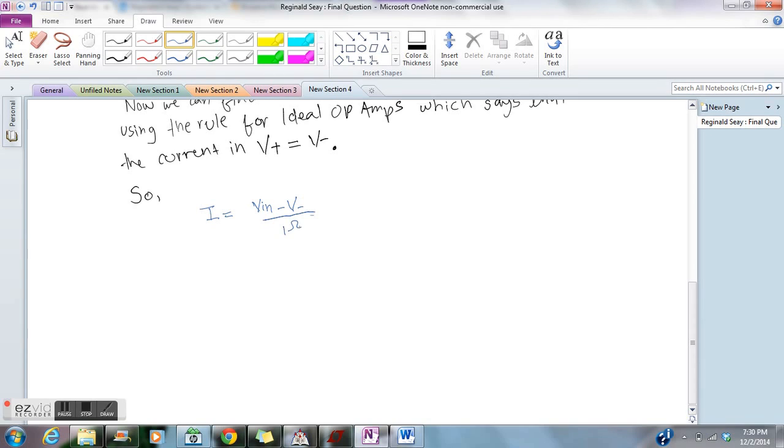V minus is the negative input of the op amp, and V in is the voltage of the source in our circuit. That is equal to 1 minus S over S plus 1 times V in. With a little more manipulation, I is equal to 1 over S plus 1 times V in.